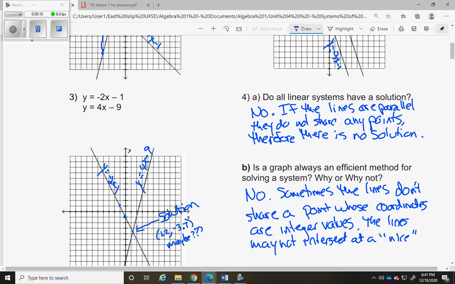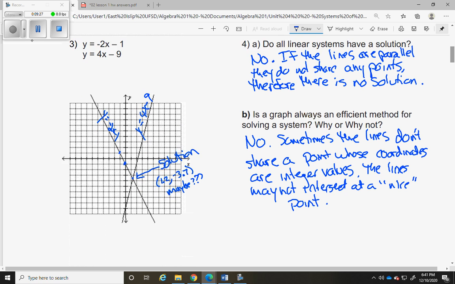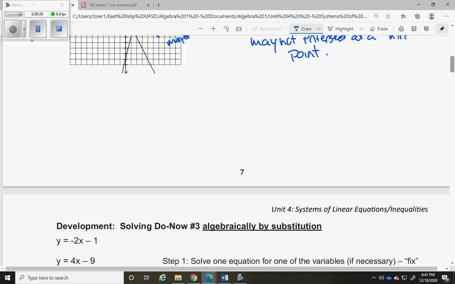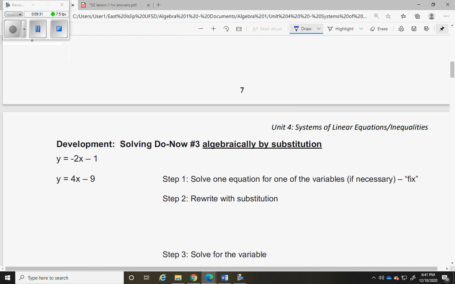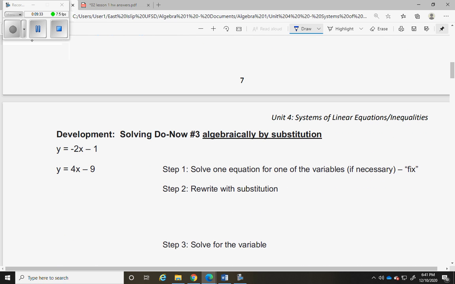You know what I mean by nice, integer values. But sometimes the lines don't intersect at a nice point. So since lines don't always intersect nicely, there is an algebraic way of solving this, and that's what we're going to learn today. So we're going to redo question number 3 from the do now, but we're going to do an algebraic method instead of a graphic method.